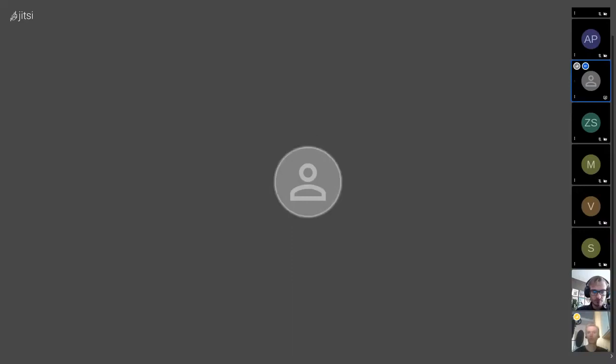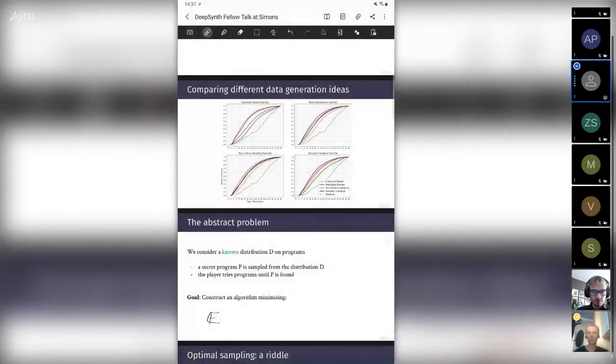And now the natural question is: you want to minimize in expectation the number of tries before finding P, where P is sampled according to this known distribution D. Another point is that if I didn't know D, then I would basically have nothing to say, because I would have to try all programs.